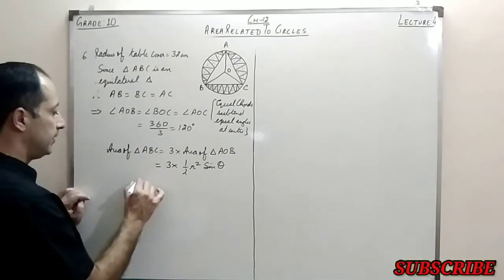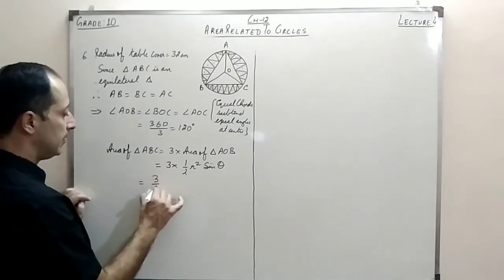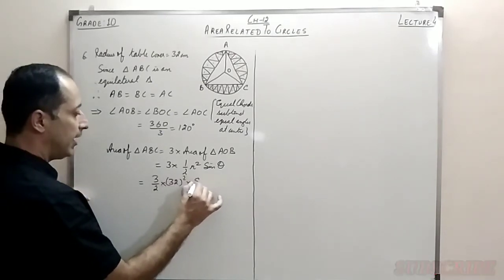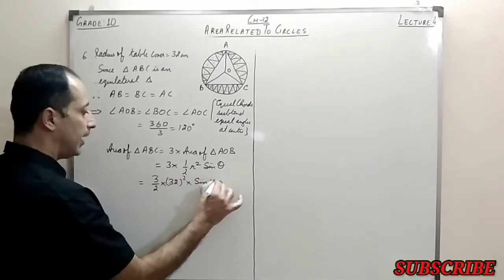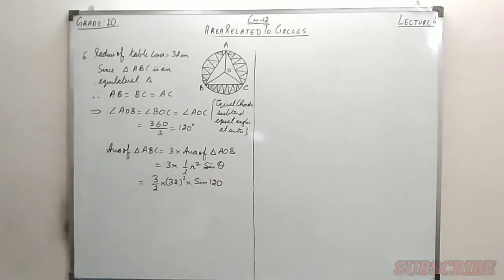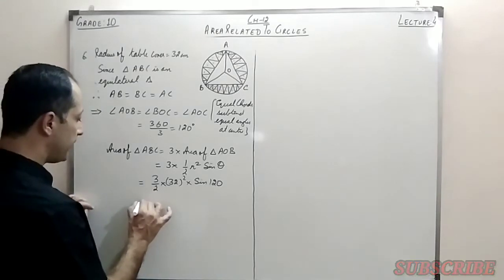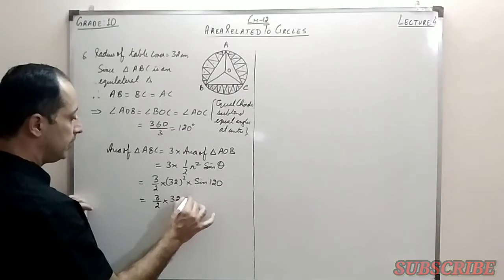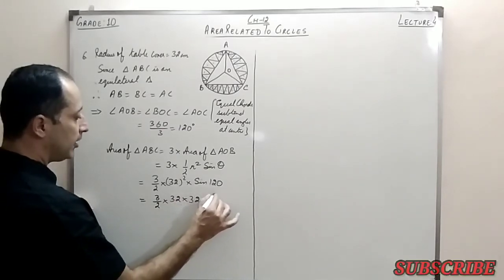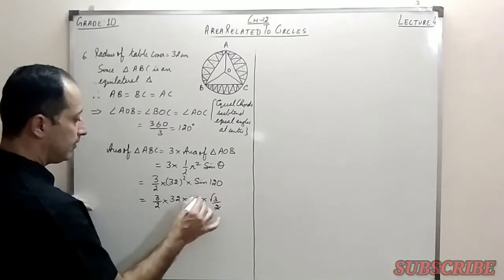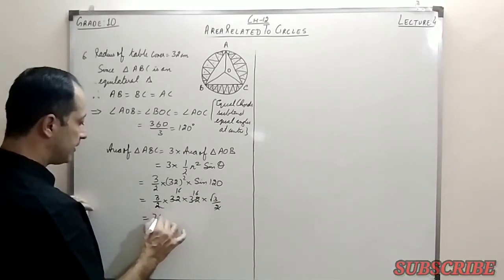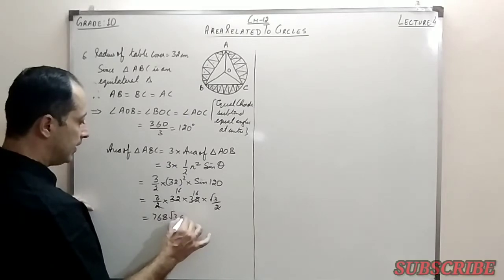And this gives us 3 by 2 into 32 square into sine of 120. In the previous lecture also I have given the value of sine 120 as root 3 by 2. So this is 3 by 2 into 32 into 32 into root 3 by 2. This cancels out and we get 768 root 3 centimeter square.